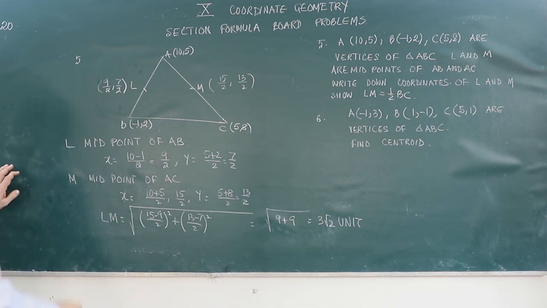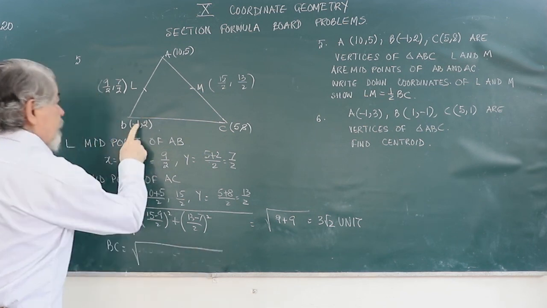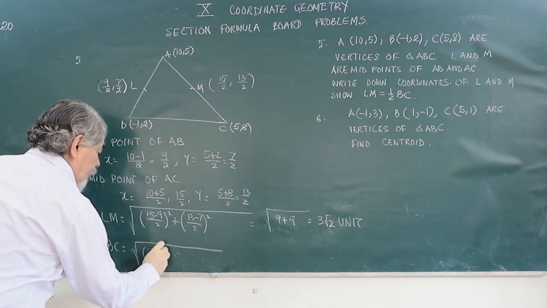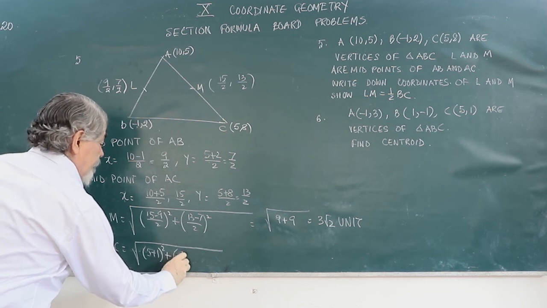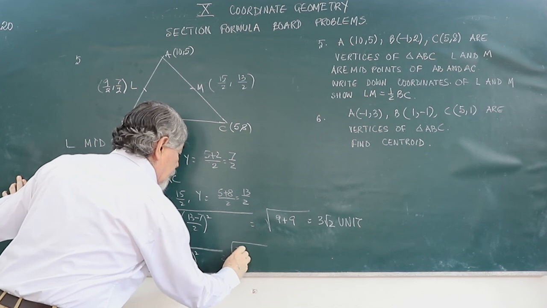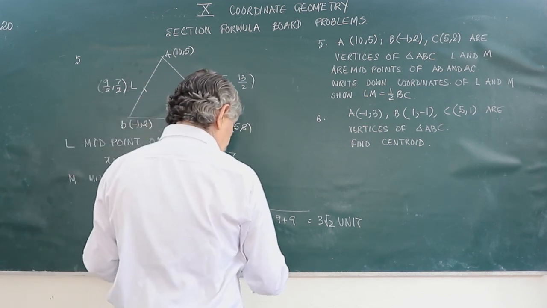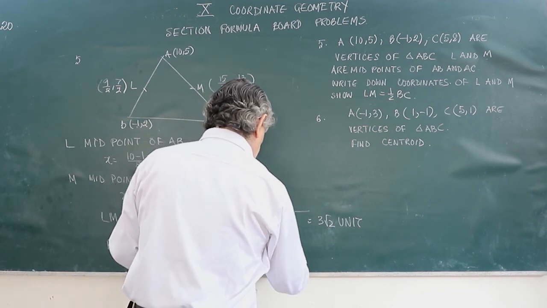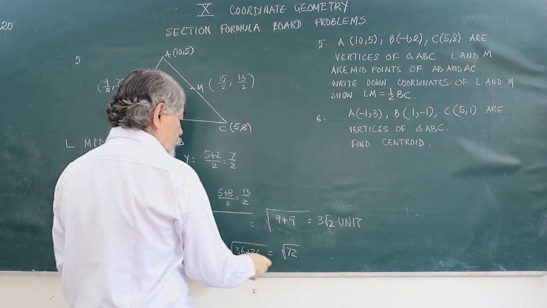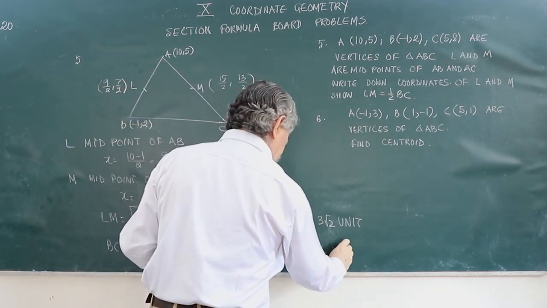Let us calculate BC. BC is the square root of ((5 plus 1) whole square plus (8 minus 2) whole square). That is 6 whole square plus 6 whole square, 36 plus 36, again 72, so 6 root 2 unit.